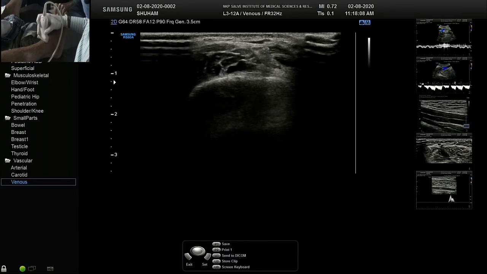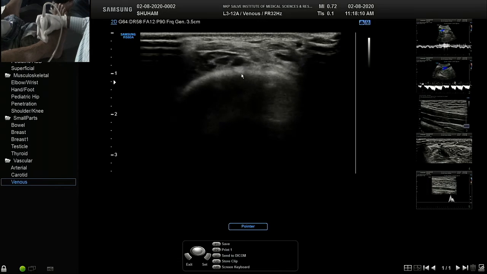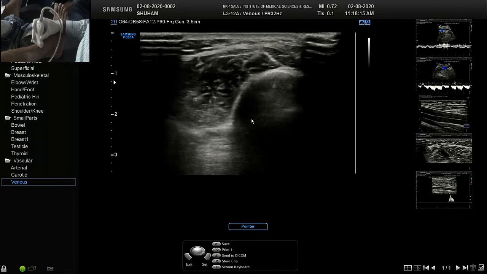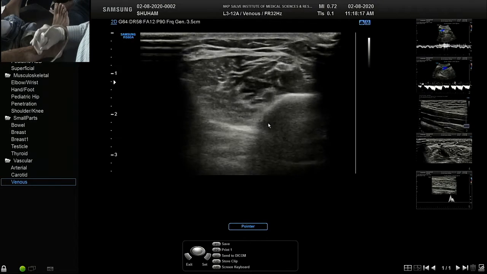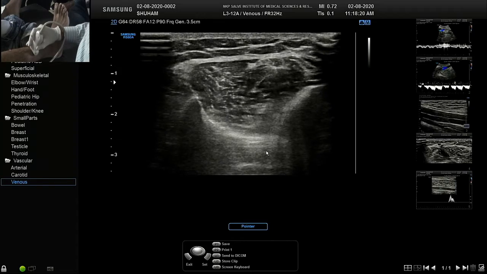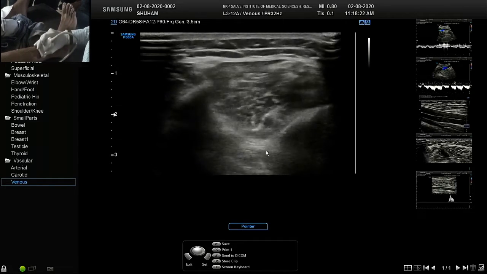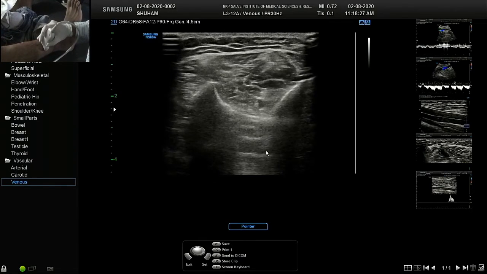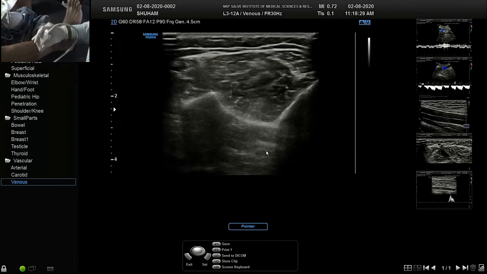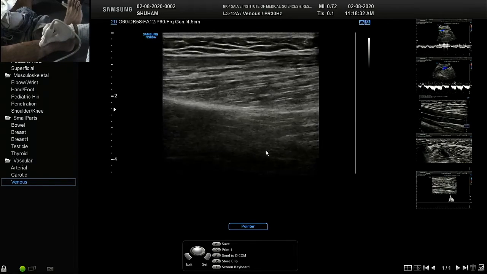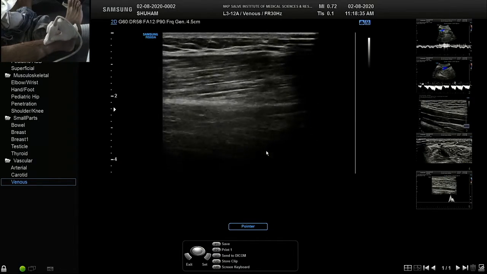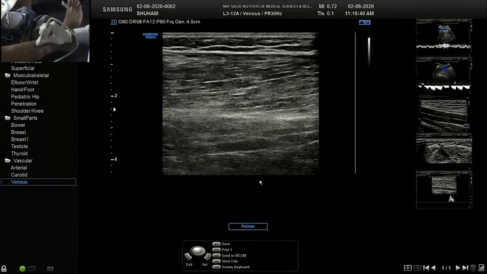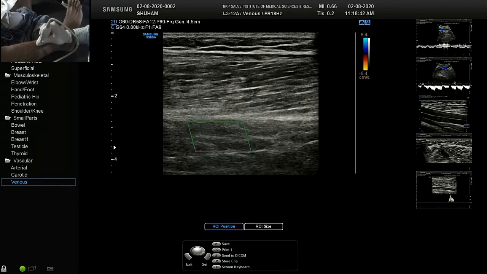You can see them here, veins and artery, veins getting compressed, arteries are seen, and if you trace them, they go towards the side of the tibia, and they are a little bit deeper as they go up. So you can see them in both planes, the longitudinal plane as well as the transverse plane. It is always advisable to follow the tibial artery if you are not seeing them properly.